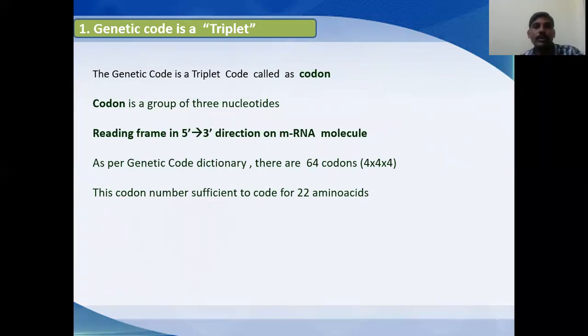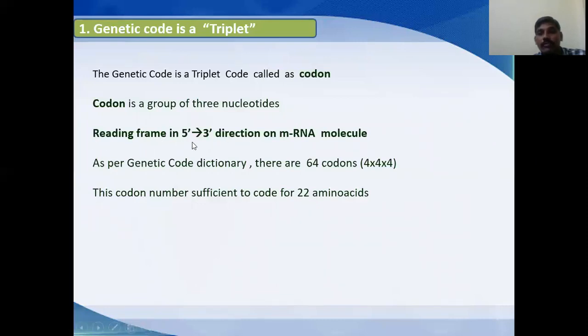In natural phenomena, every living organism constructs different types of protein molecules with the help of genetic information present in the DNA molecule. So the genetic code is a triplet code called a codon. A codon is a group of 3 nucleotides. These codons are always read from a starting point, that is the 5 prime end of the RNA molecule.